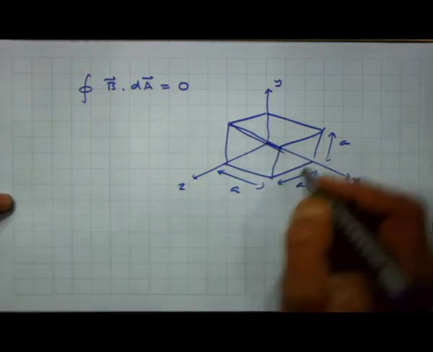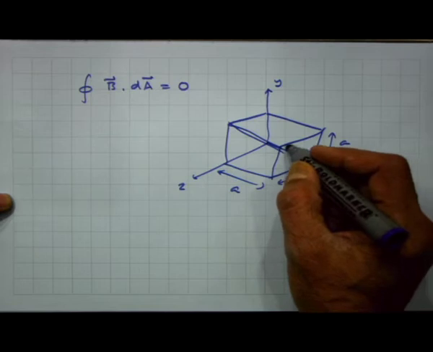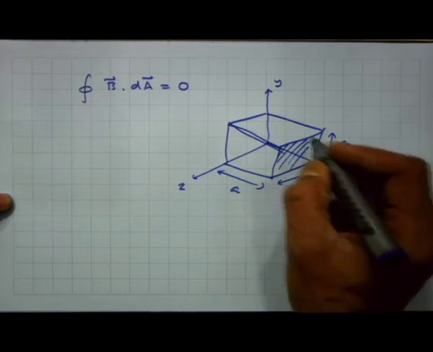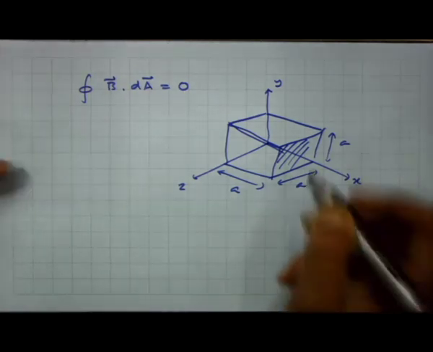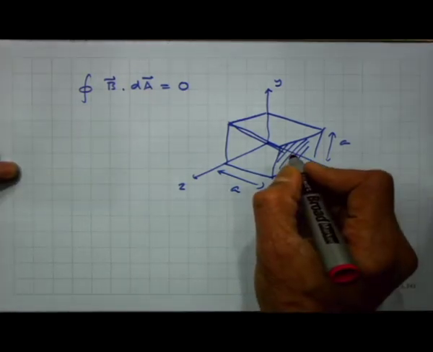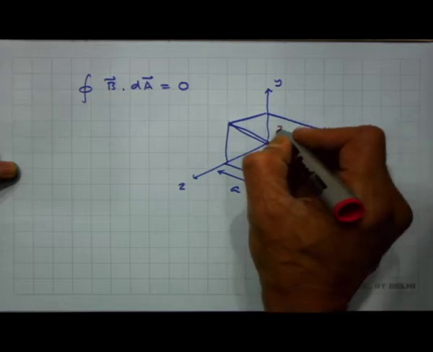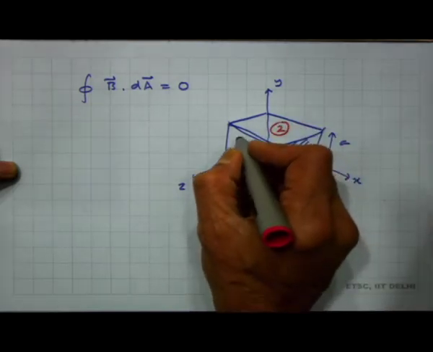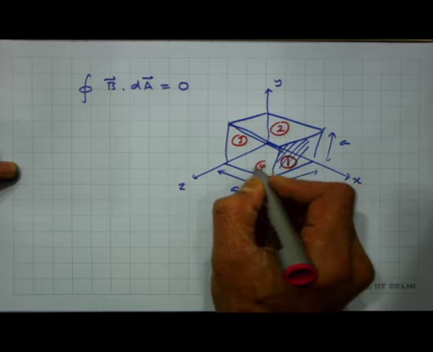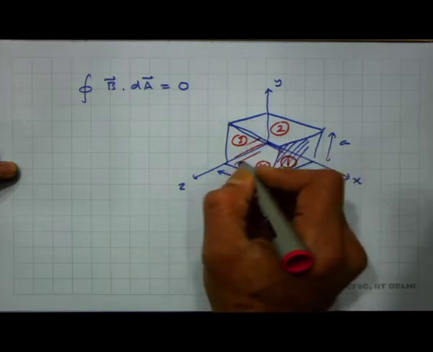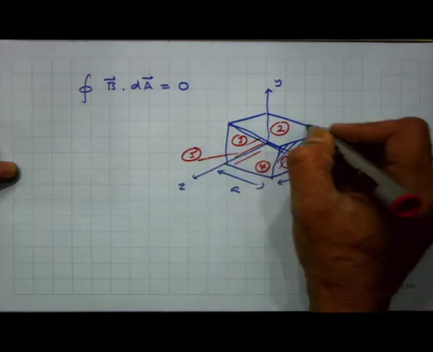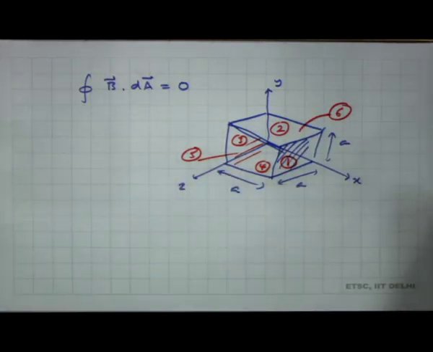There are 6 surfaces here. Let me call these surfaces by names. So, this one I call S1. This is 1, this is 2, this is 3, and this is 4 at the bottom, and then 5 is this one, the front surface, and the back surface is 6.